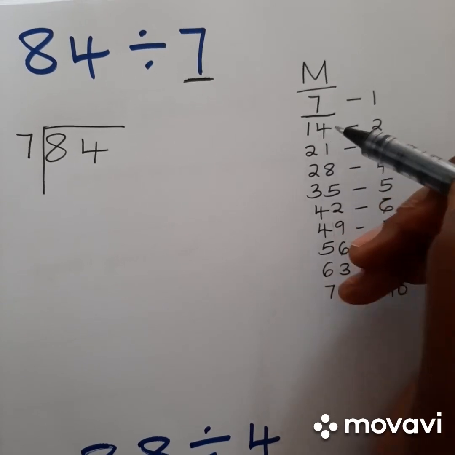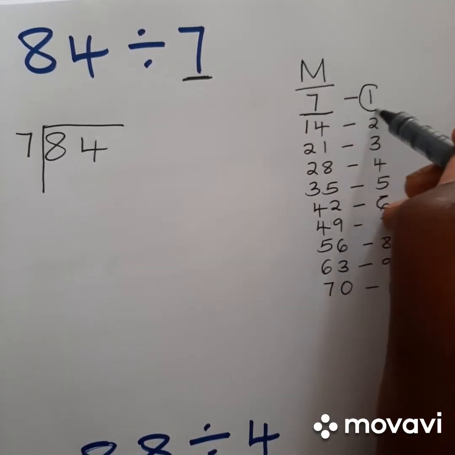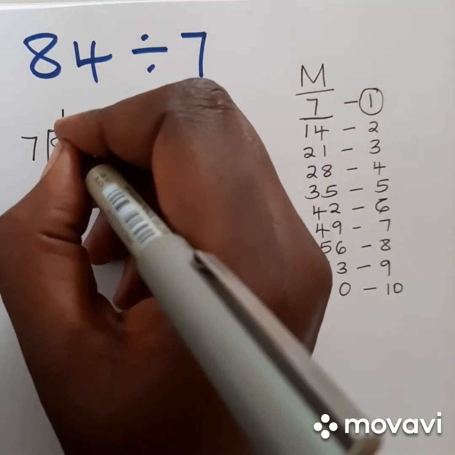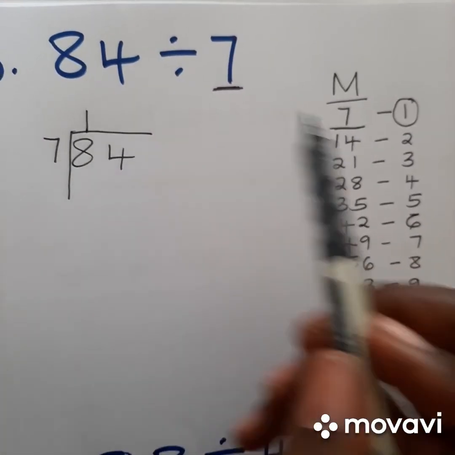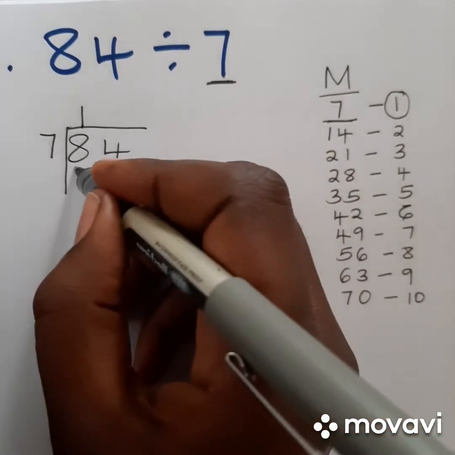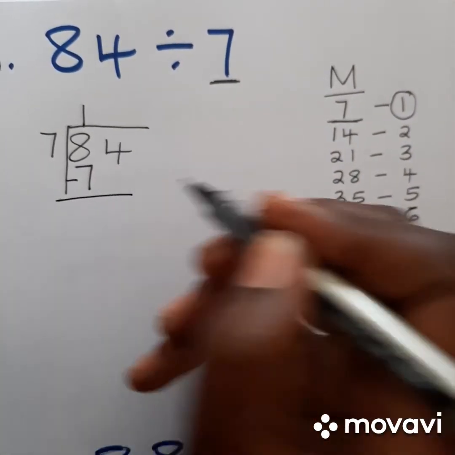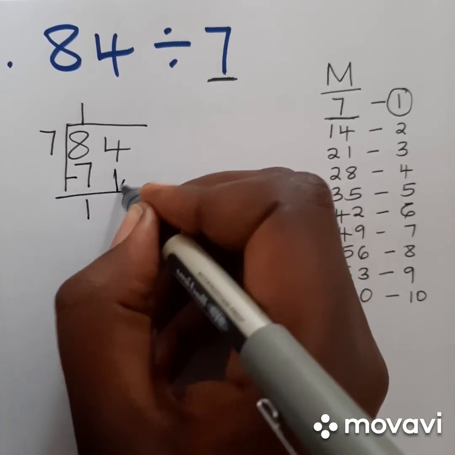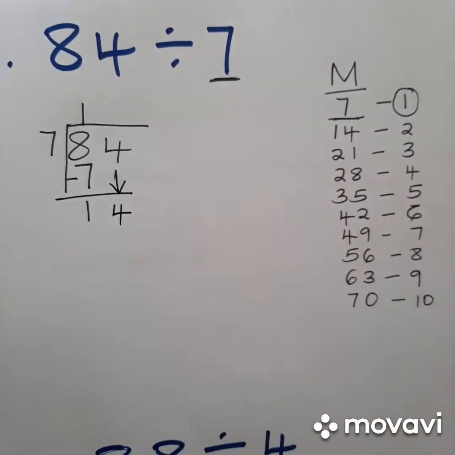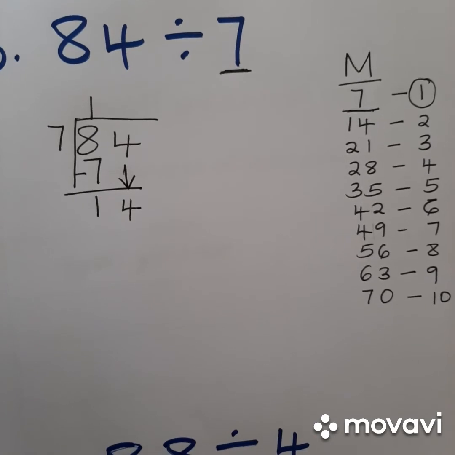So this means 7 can be in 8 only once. So we write 1 here. And then 7 times 1 is 7. We write 7 there and then we subtract. So 8 minus 7 is 1. And then we drop the other number and that makes it 14.